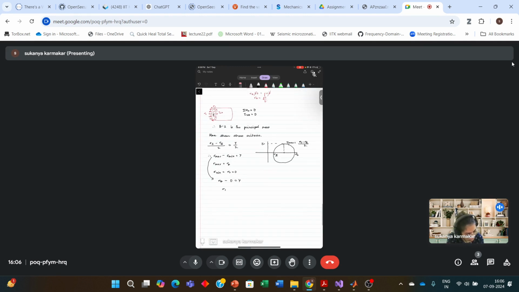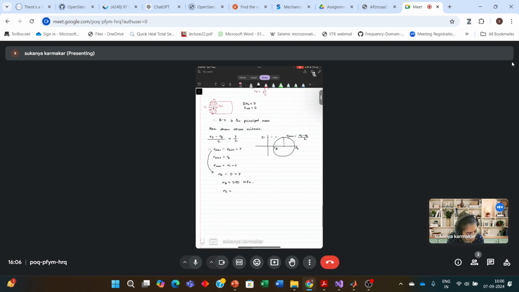So sigma theta is 250 MPa. Now sigma z is sigma theta by 2, which is 125 MPa, and sigma r is given as 0.